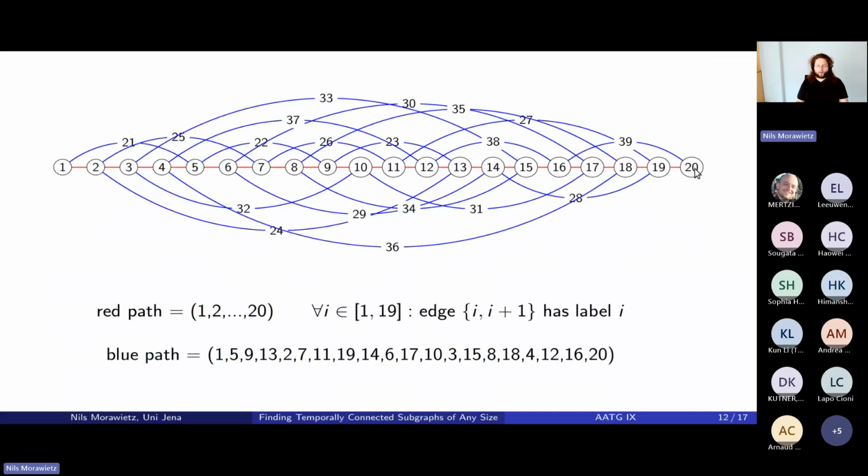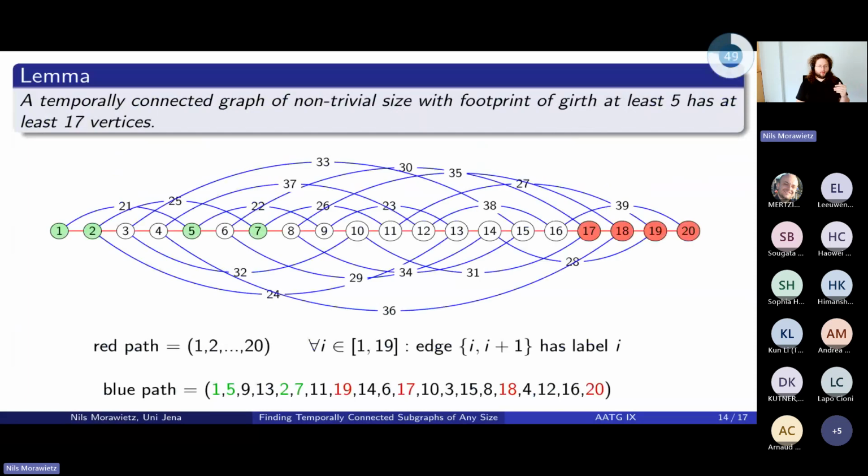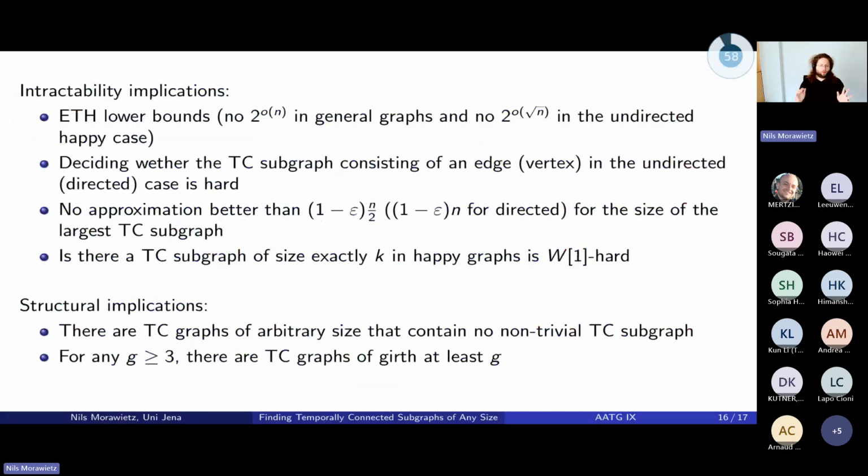Then you can go early, everyone can gather at 1 with a 1 of the Hamiltonian path, and then you distribute the information back to everyone with the blue path. So you can label the red path differently to make this a temporally connected graph with girth 5. And in general, you can show that no matter which girth you want, there are always temporally connected graphs with that girth.